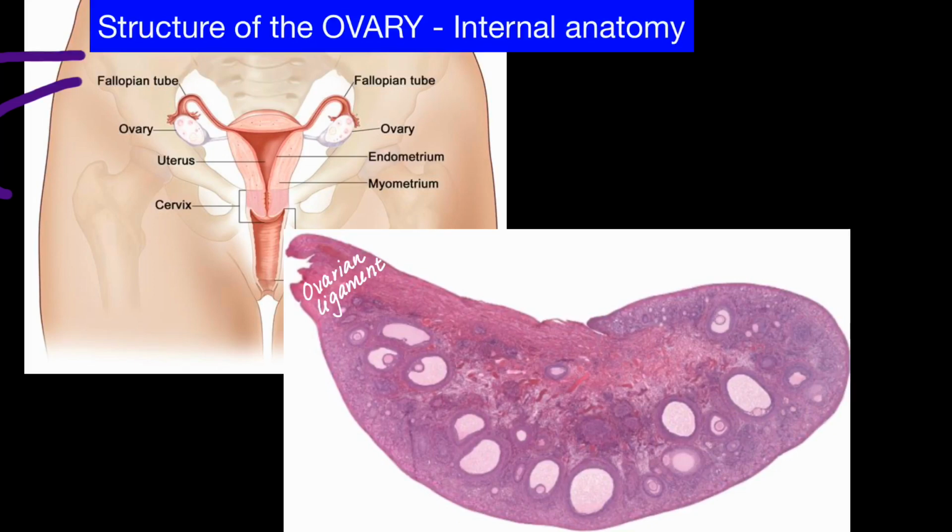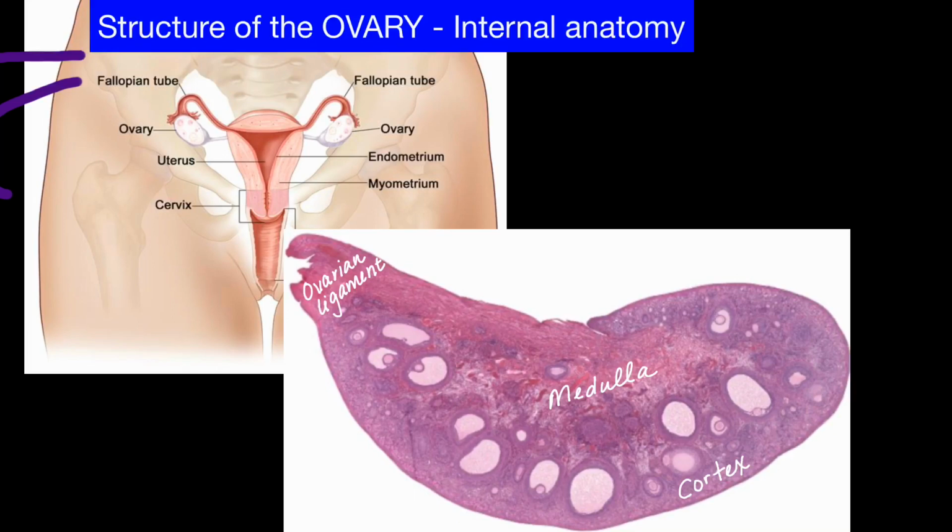Remember, that's the ligament that essentially provides support for the ovary to help hold it in place. This is also where the blood vessels enter into the ovary itself. And we have two major regions of the ovary. The outer portion is referred to as the cortex, and the interior portion is referred to as the medulla. It's the same terminology we used for our kidneys.